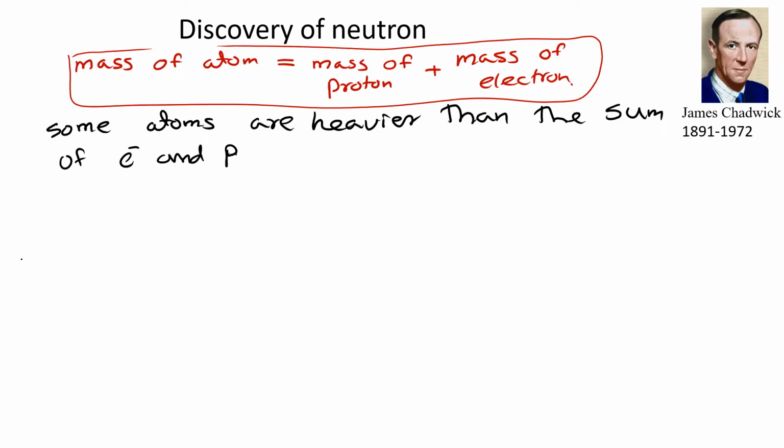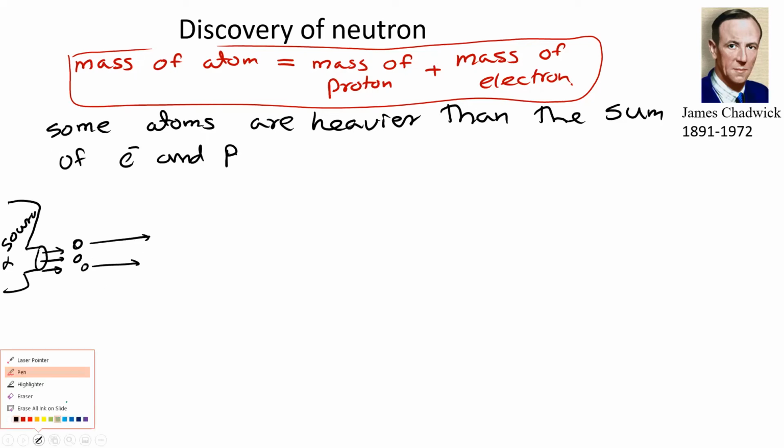So this scientist again used a type of gun-like setup. You have an alpha radiation source, which is shooting alpha particles like this. And then these alpha particles go and hit a beryllium sheet.